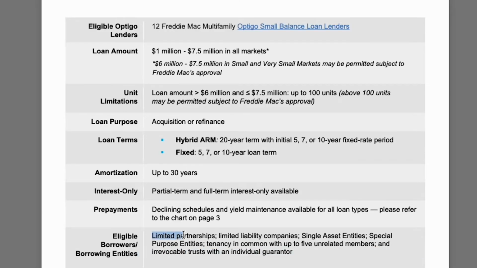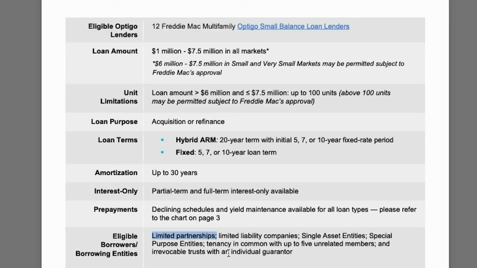Limited partnerships can borrow, limited liability companies can borrow, single asset entities can borrow, special purpose entities can borrow, tenants in common with up to 5 unrelated members can borrow, and an irrevocable trust with an individual guarantor can borrow. So we can see these are all the people that can borrow.